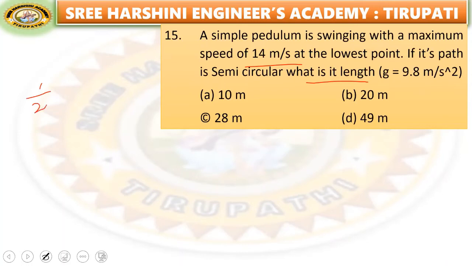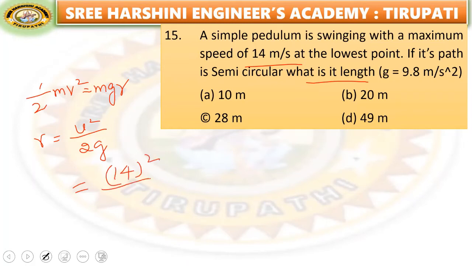Therefore, half m v square is equal to m g r. We need to find r. R is equal to v square by 2g, that is 14 square by 2 into 9.8. So it becomes 10 meters. Option A is the right answer.